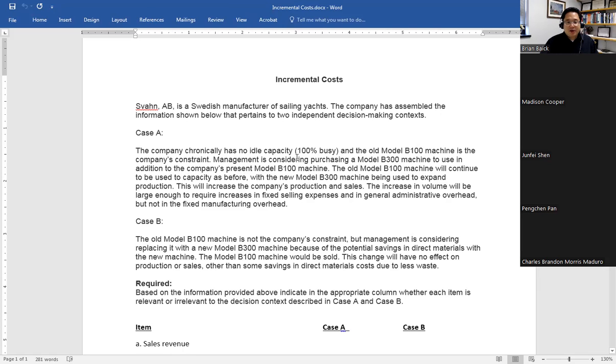It says management is considering a model B300 machine to use in addition to the company's present model B100 machine. The old model B100 machine will continue to be used to capacity as before, with the new model B300 machine being used to expand production. So in other words, we have an old machine that we're using, and we're going to buy a new machine.